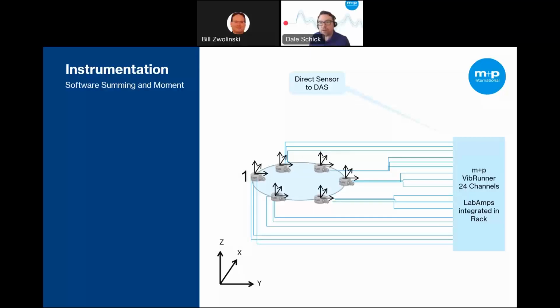Now, in the software summation, each individual channel is passed through the charge amplifier to the control system directly. As a result, individual channel limits may be applied to each axis. Because the software calculates the overturning moment for each sensor instead of in groups, the off-vector moments can be calculated.